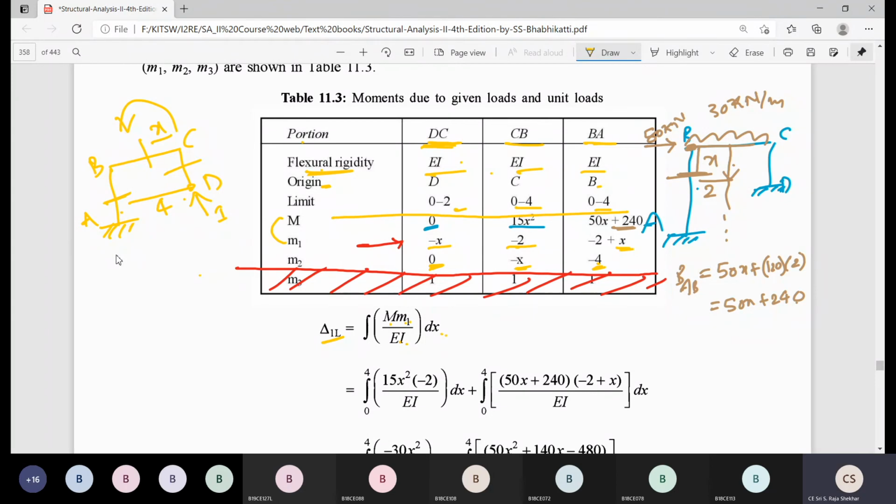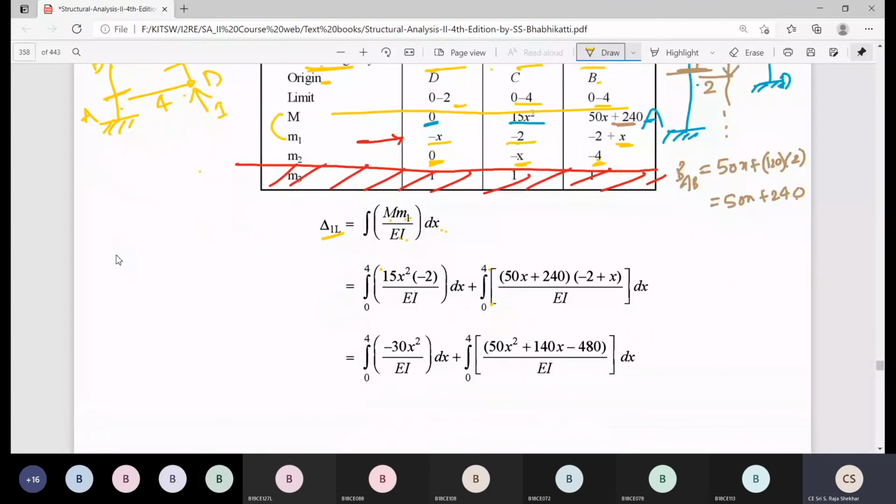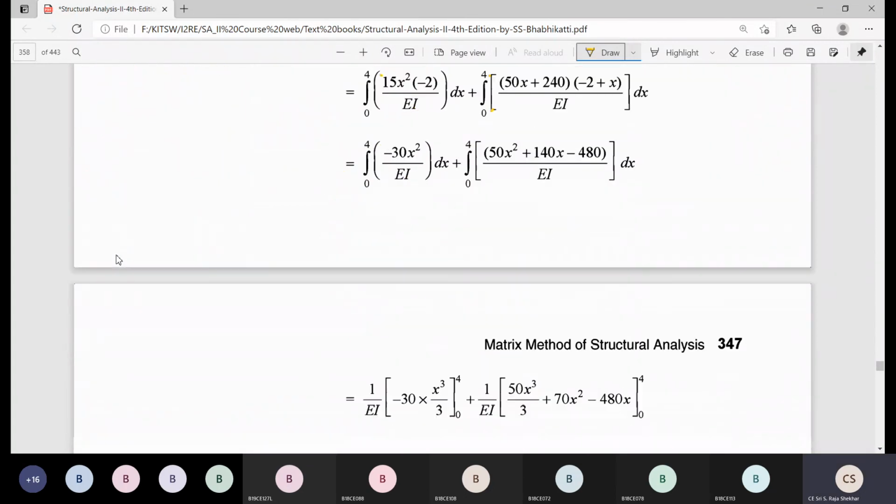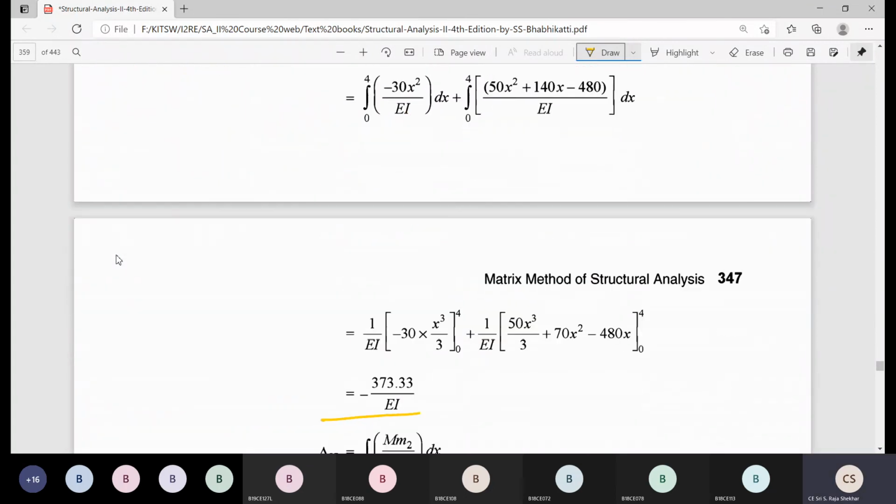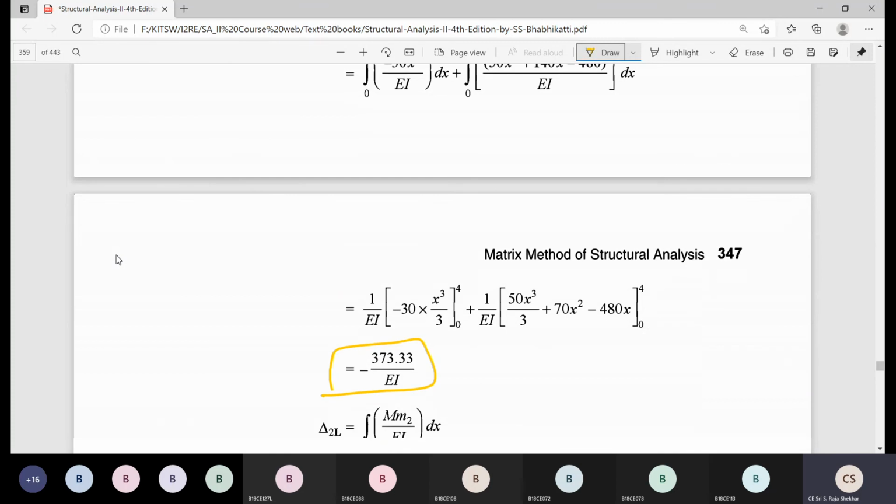First span AB is 0 to 4, second span BC is 0 to 4, third span is 0 to 2. Apply it and solve, and finally you will get delta 1L equal to minus 373.33.